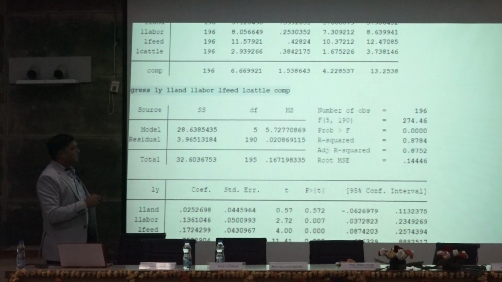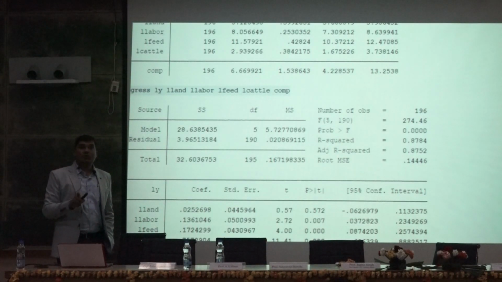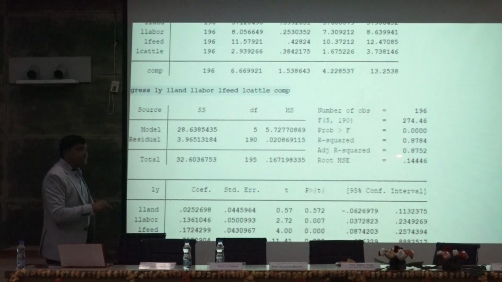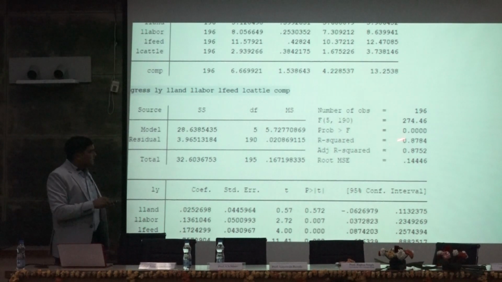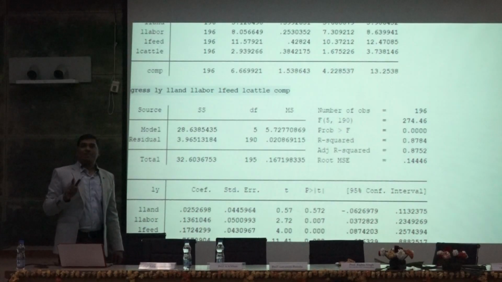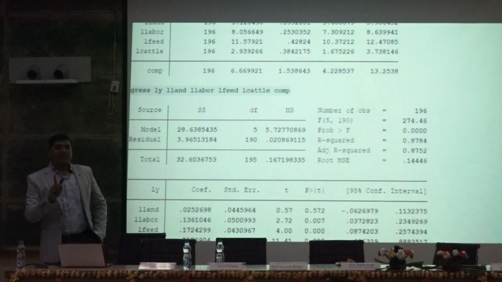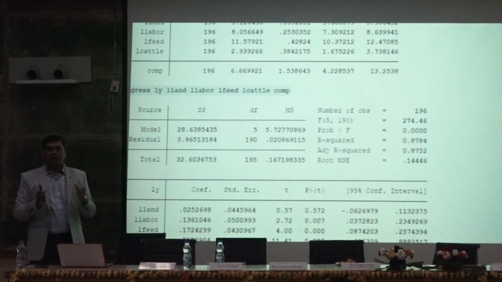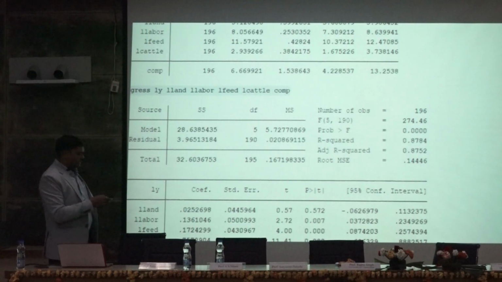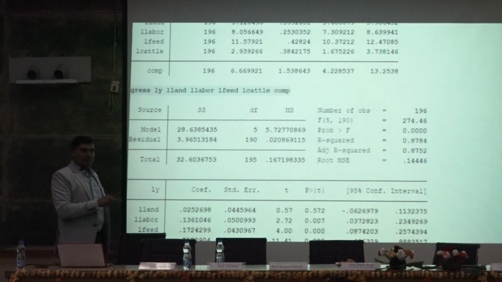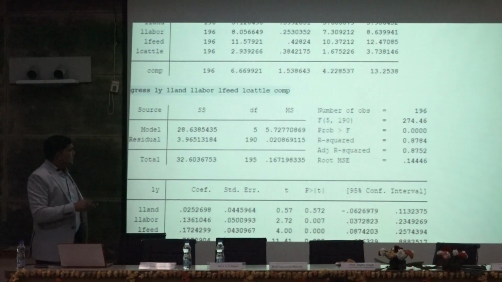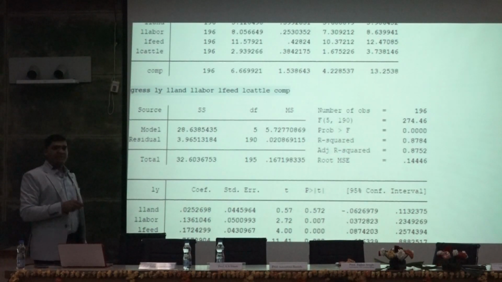But if we have more than two independent variables, then we have to check the adjusted R square. This R square will be checked if you have a simple linear regression model, meaning one output variable and one input variable. Then you simply check the R square value. If we have more than two independent variables, then you have to check the adjusted R square.